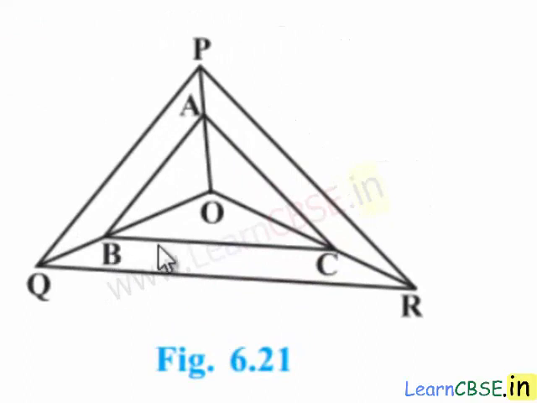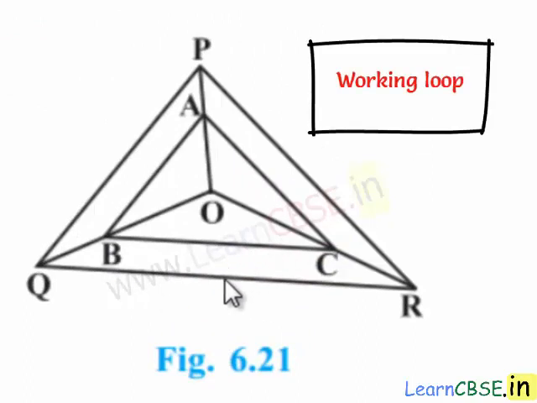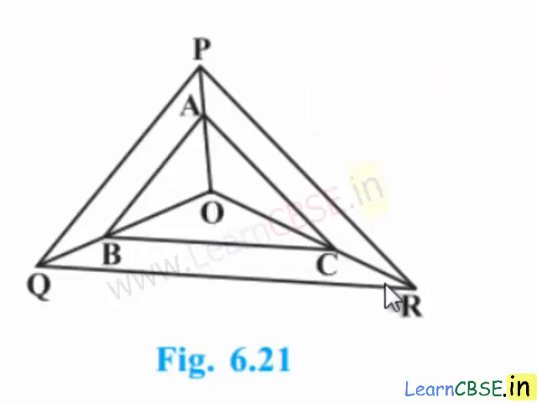In order to prove that BC is parallel to QR, if we are able to prove that OB by BQ is equal to OC by CR, by converse of basic proportionality theorem we can say that BC is parallel to QR.